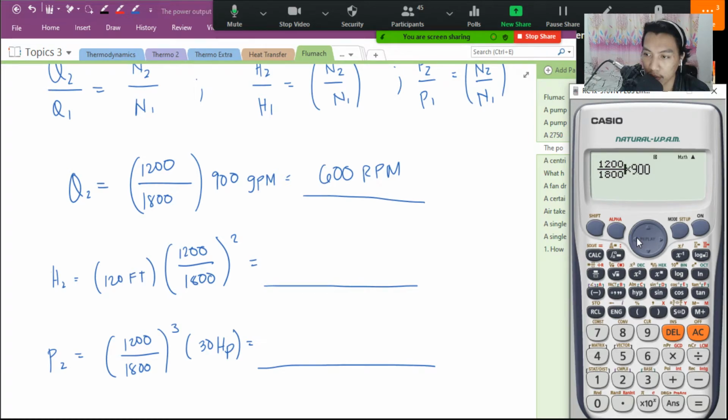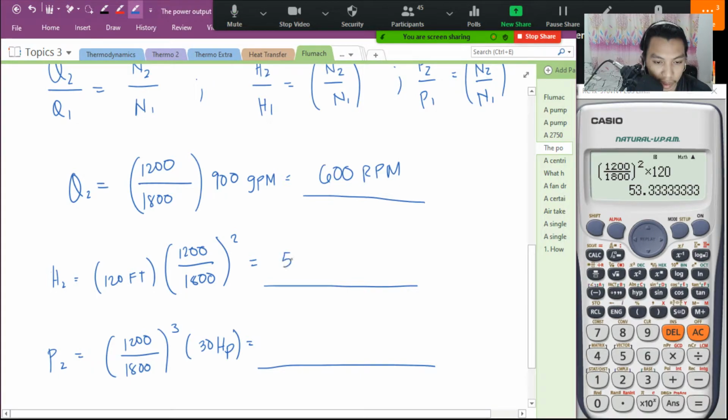Square ko na lang itong buo. Multiplied to 120. The answer is 53.33 feet.